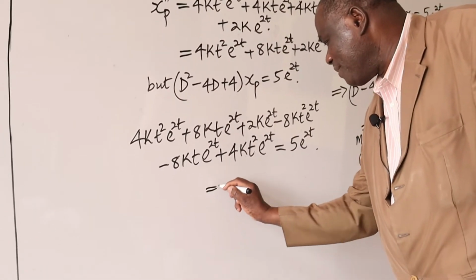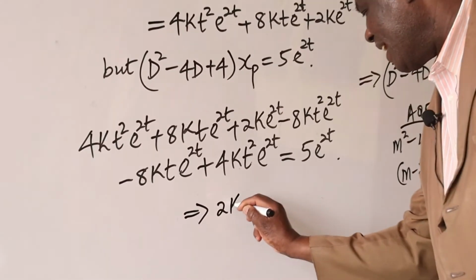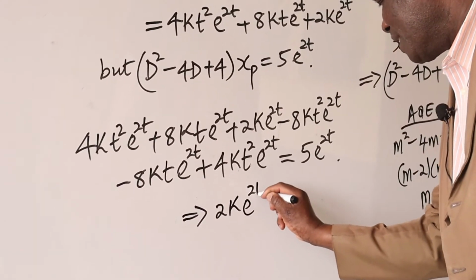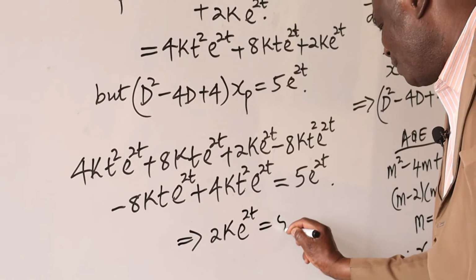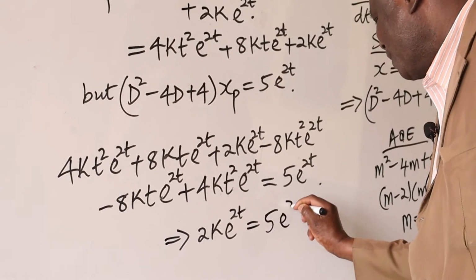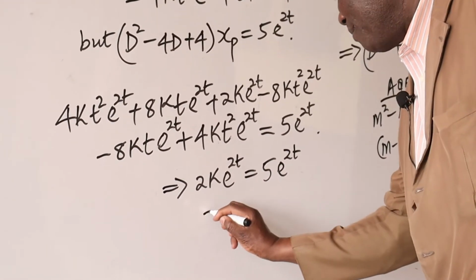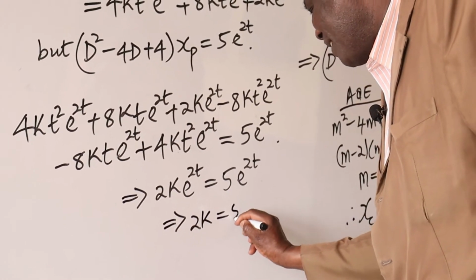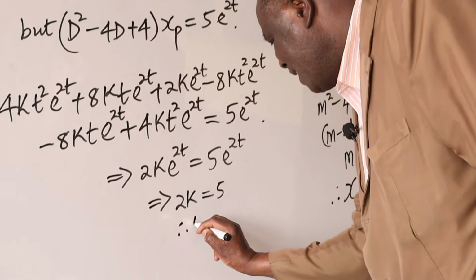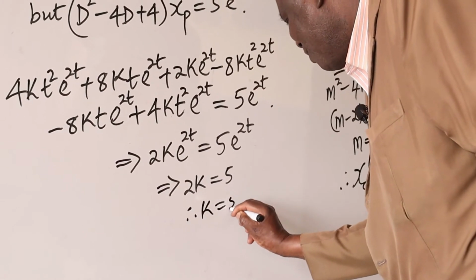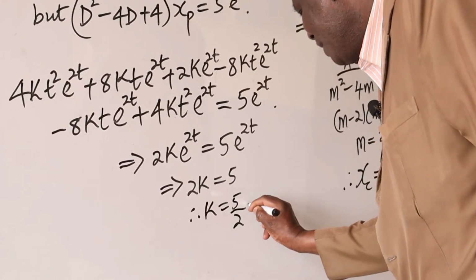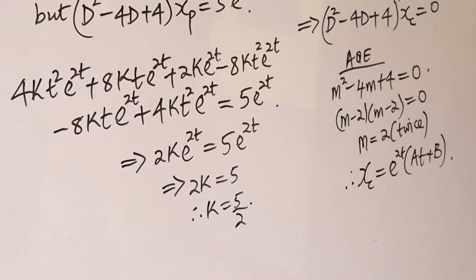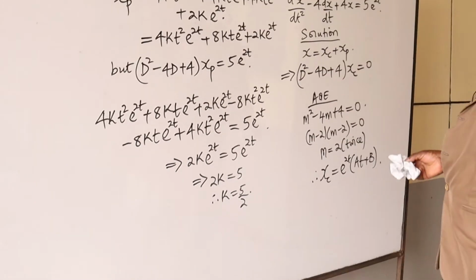So this implies 2k exponential 2t will be equal to 5 exponential 2t. This implies 2k is equal to 5. Therefore, k is equal to 5 all over 2.